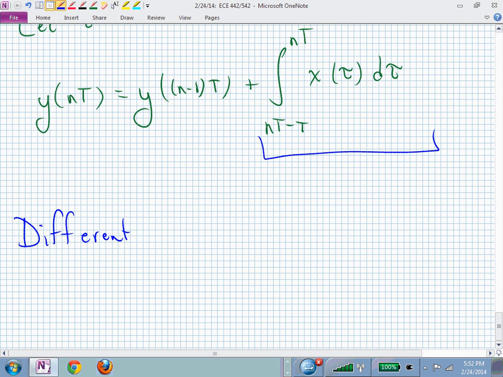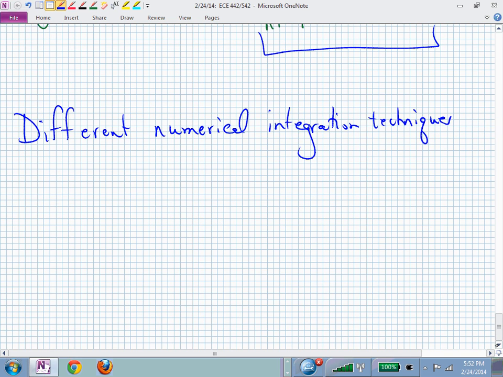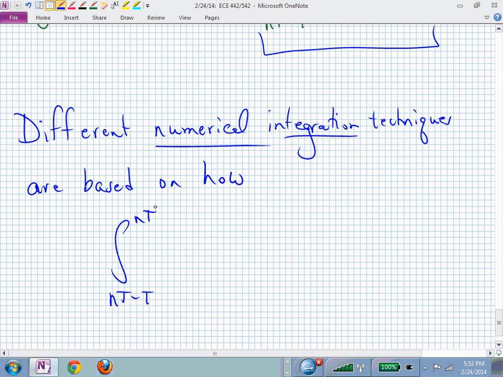Okay, so now we have different numerical integration techniques all based on this integral from nT minus T to nT of x of t.